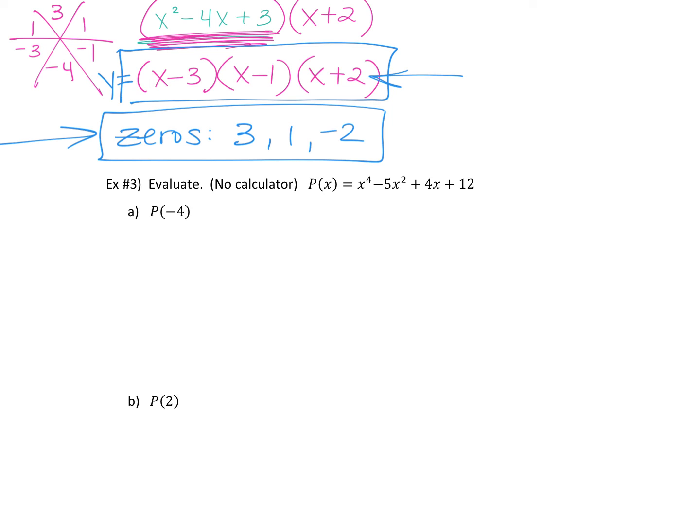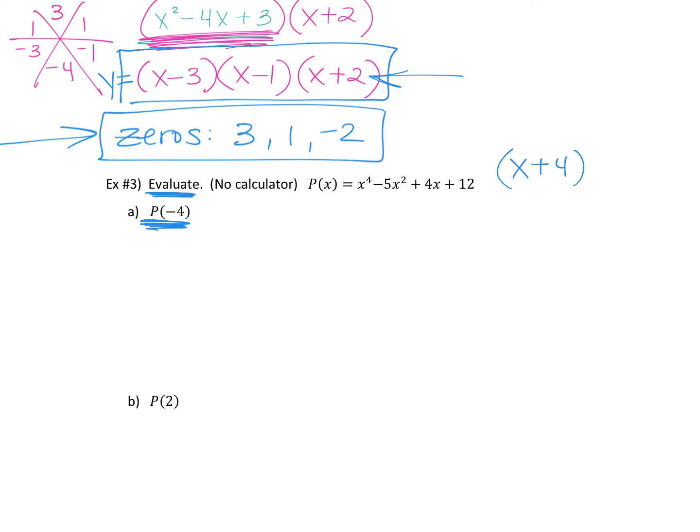So here's the deal. When they say evaluate what P of -4 is, basically what they're saying is if you're dividing by something, it's like we divided by x plus 4, right? P of -4 means x plus 4 is a factor, okay?